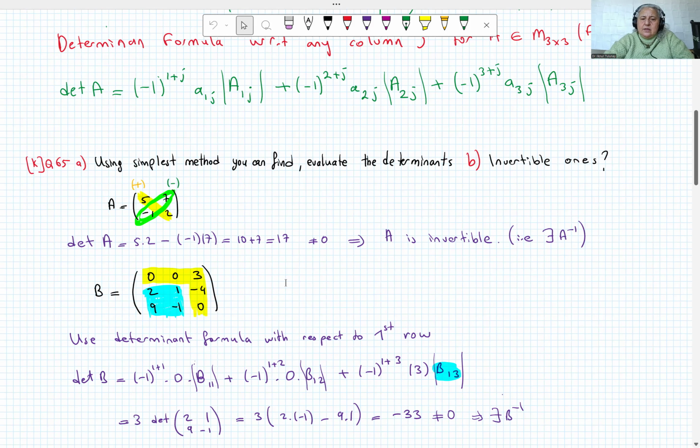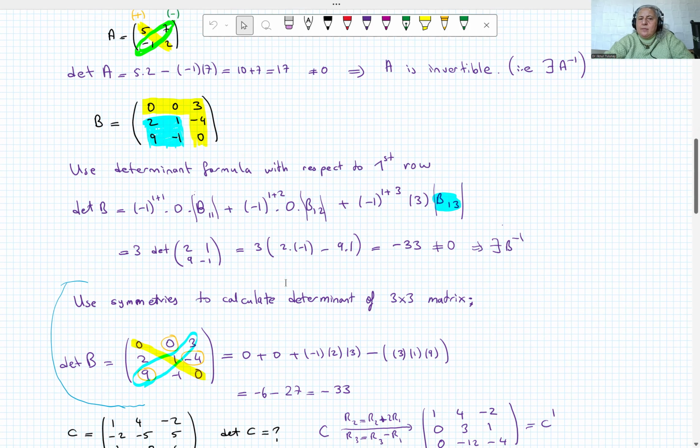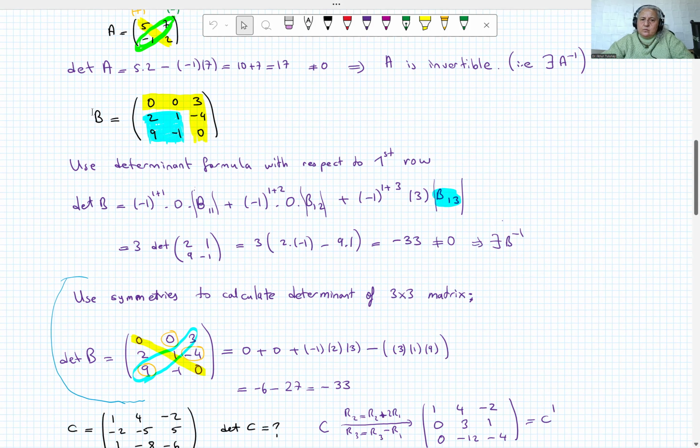Now for B, assume that we have a 3 by 3 matrix. Now we open up with respect to the first row. For the first entry, 0, the minor B11 will be this matrix. Then I have minus 1 to the power 1 plus 2, because this is the first row, second column.